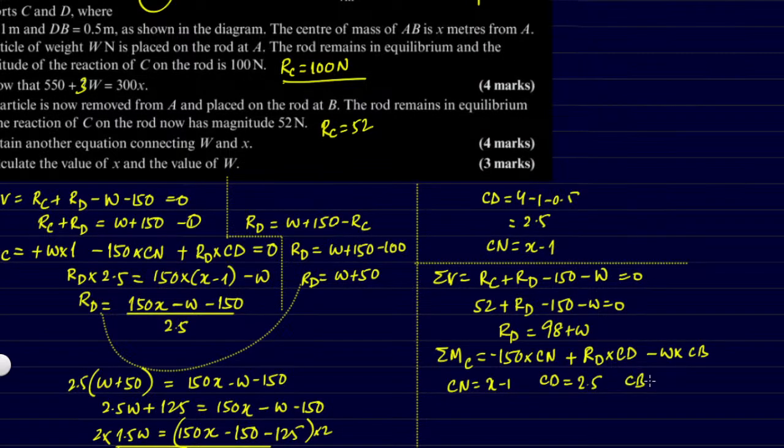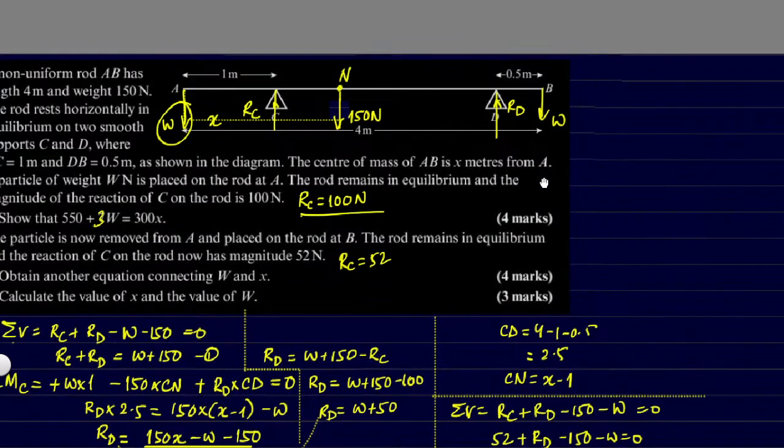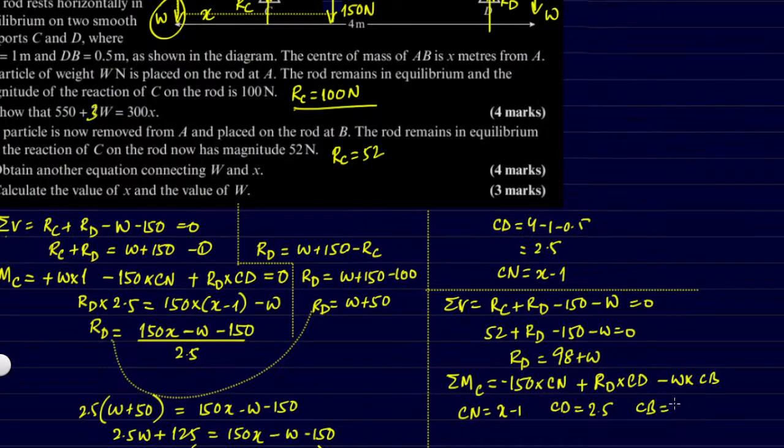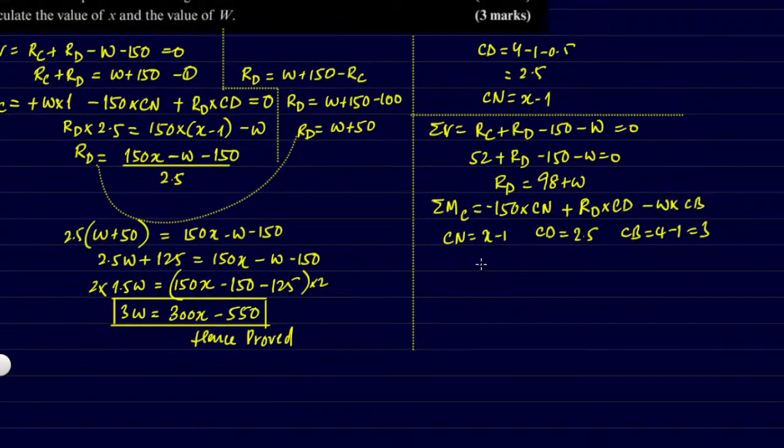And CB, C to B, is 4 minus 1, that is 3. So substitute all these and we will get it.